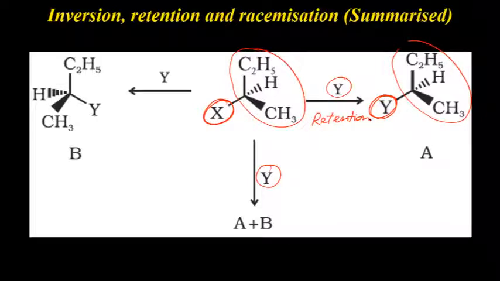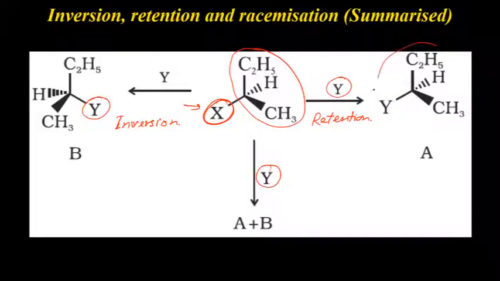In another case, it might be that X is on the left-hand side and after it is replaced by Y, it is on the right-hand side. This is inversion, that is, inversion of configuration. Now, in another case, there is a possibility that you have both.